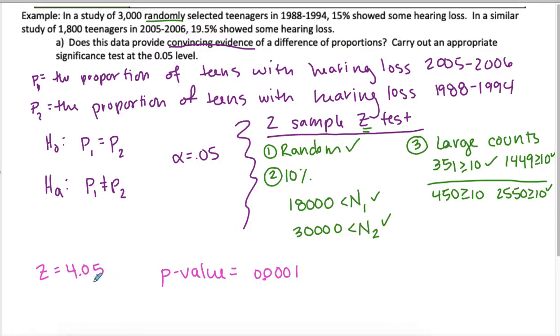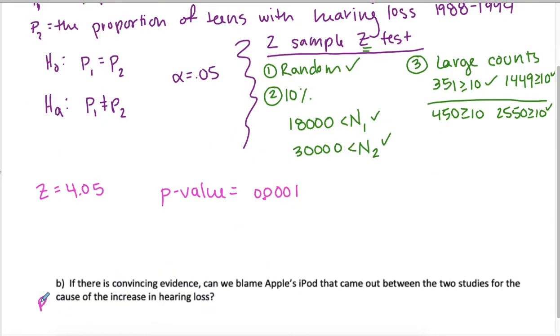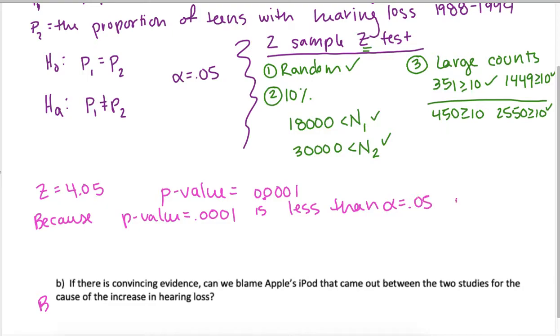And think about how far it is away from what we expected, which is why in our conclusion, okay, we would say because p-value, which is 0.0001, is less than alpha of 0.05, we reject the claim.